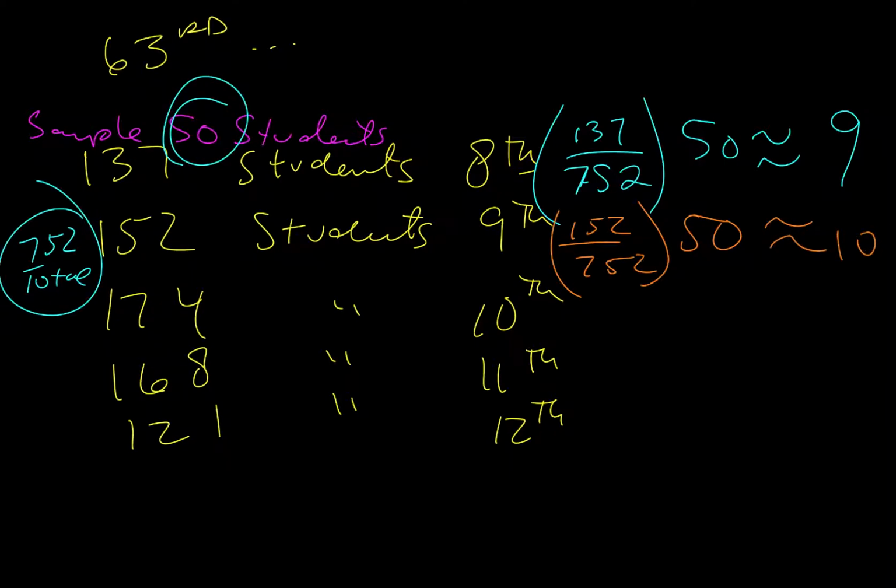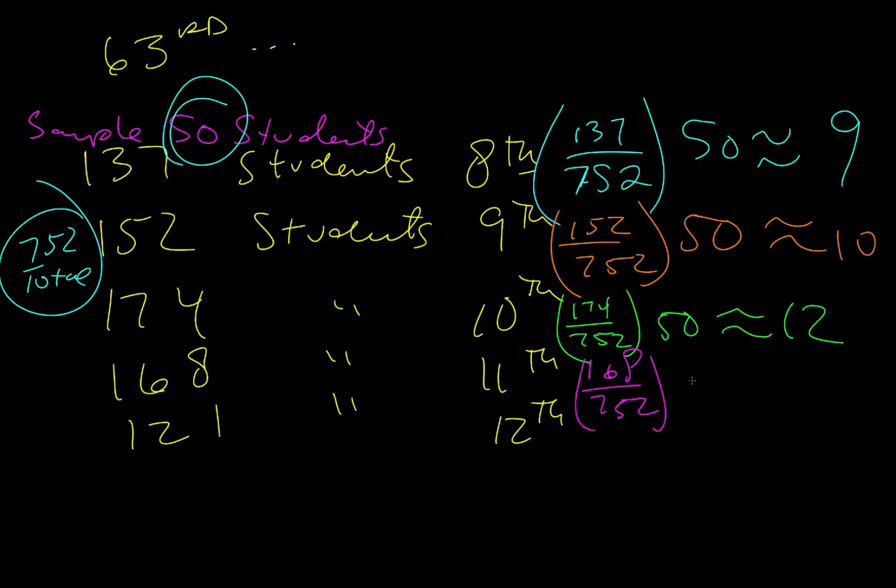Now, if we continue this, if I do 174 over 752 times it by 50, I'm going to end up with 12 students. If I do 168 over 752 times that by 50, that's going to end up being 11.